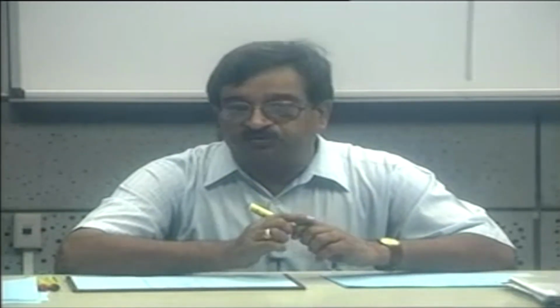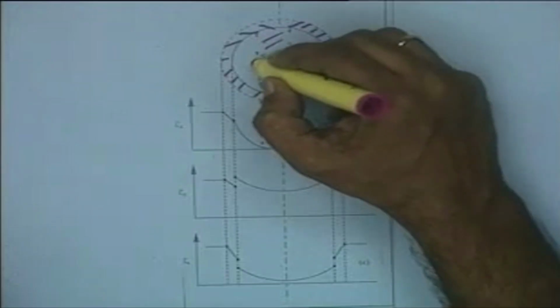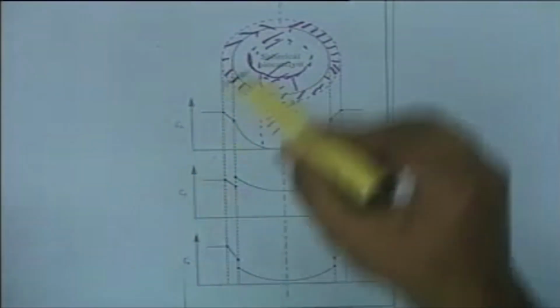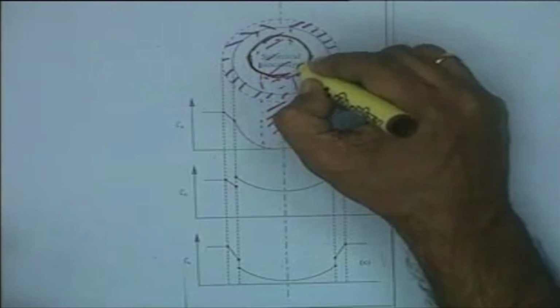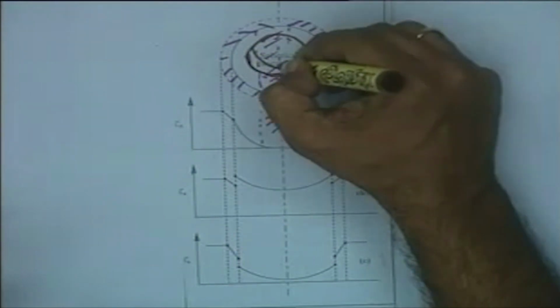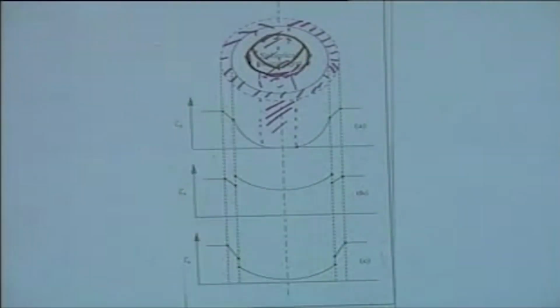If you reduce the particle size to the extent that the rate of diffusion is enough to take the substrate up to the interior of the particle, let us say if this particle was only this much size, then the substrate might reach the center of the particle, and all of the particle is interacting with the substrate.